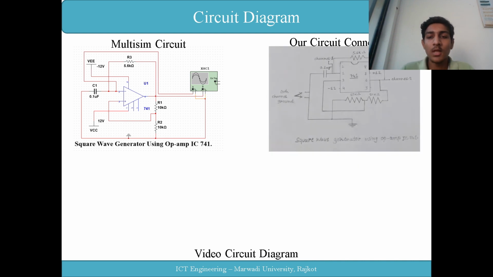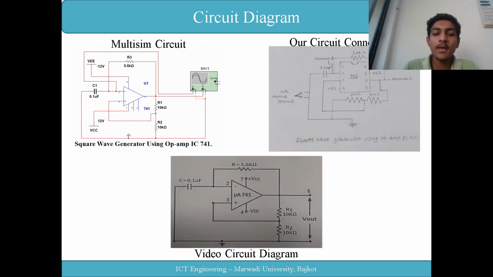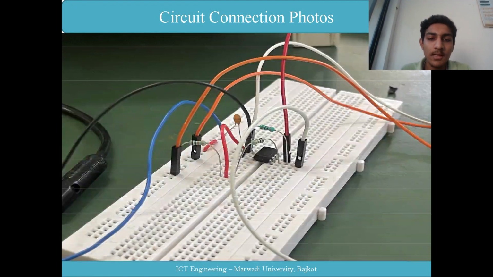And our second diagram, our circuit diagram, is the connection that we made in our circuit. That circuit diagram is given from the video reference link. Now our circuit connection photos: you can see there is a capacitor from pin 2 to ground.